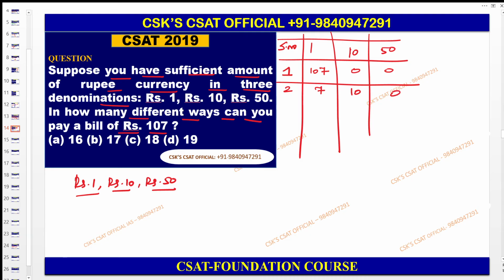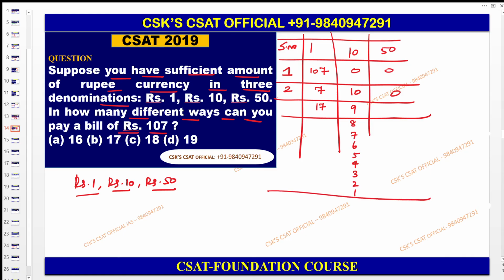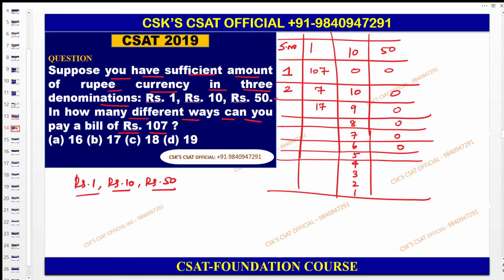So no 50. So like this, if you use 9 10-rupee notes, 7, 17, right? So like this 8, 7, 6, 5, 4, 3, 2, 1. So therefore you have to do here. Don't bother about 1 rupee coin, etc. When you are using this one, surely the remaining you are going to use this one, because we are not using any 50 rupees here.